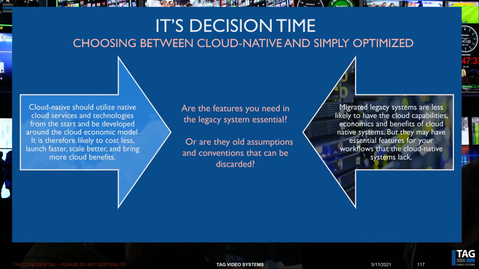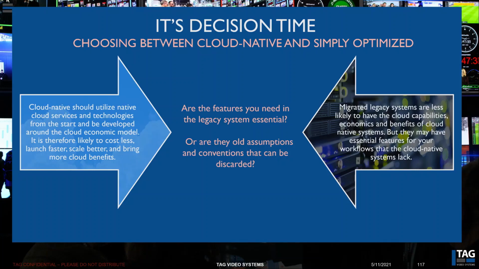So then you have a choice. You have vendors who come from being legacy broadcast and media technology companies, and you have cloud native companies. Cloud native companies are actually utilizing cloud services and technologies from the beginning, and from the moment they write their first line of code, they know what those capabilities are in the cloud, they know what those capabilities cost, and they figure out where to run every line of code and every function they want to do for most efficiency, for most cost savings, and for best performance.